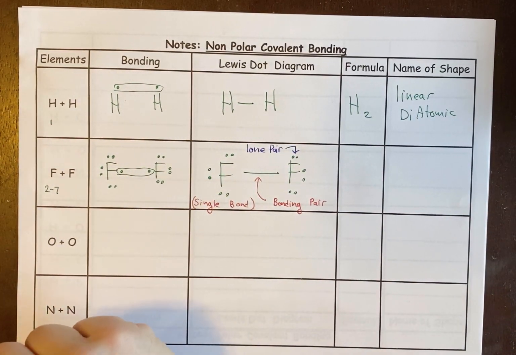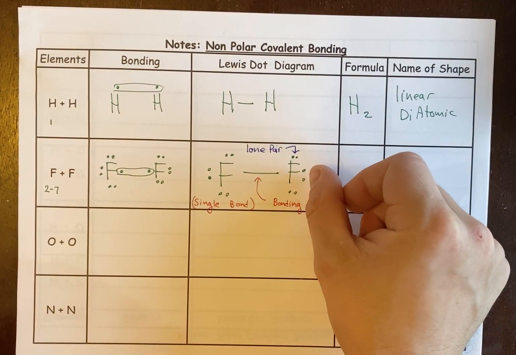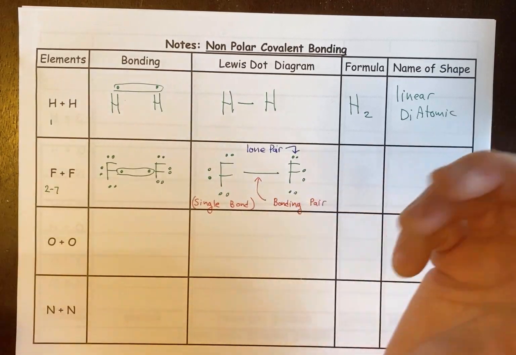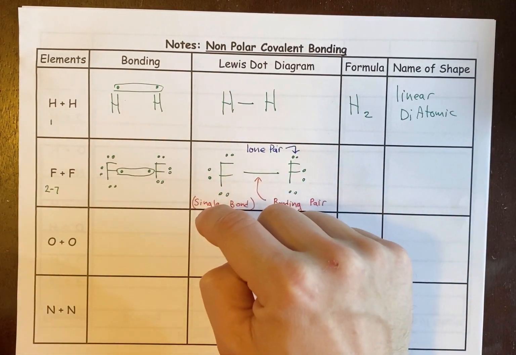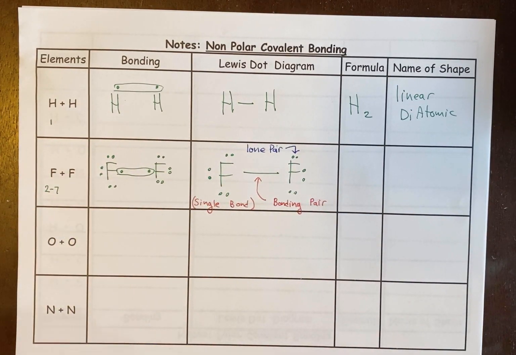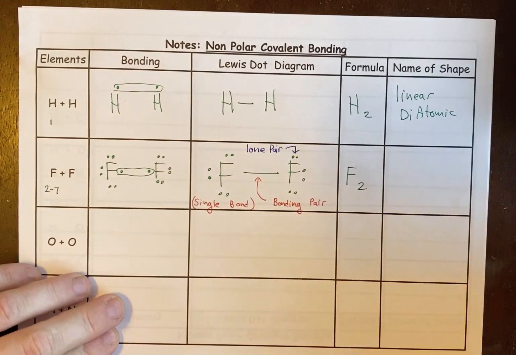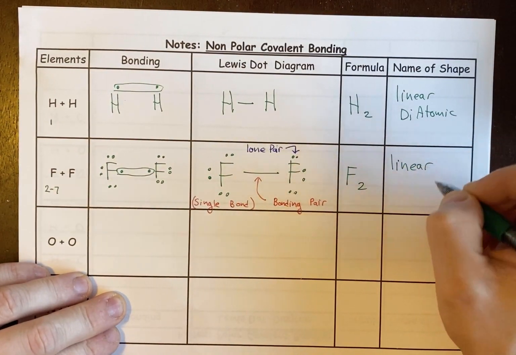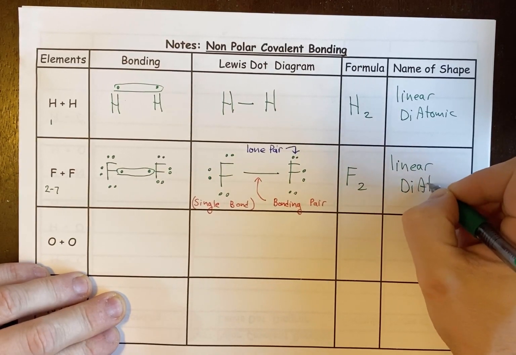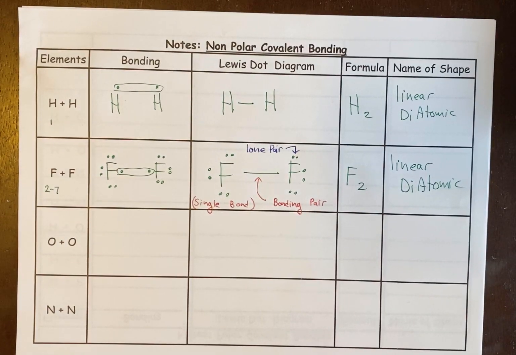So they're lone pairs, and then we have bonding pairs. That's just terminology. Any pair that's not in a bond is called a lone pair. Any pair that is in a bond is called a bonding pair. And if only one pair is sharing, we call it a single bond. Obviously, that means we're going to go up from there, but we'll get to that later. Formula F2, name of shape: still linear diatomic because it's 2 atoms and it's a straight line.